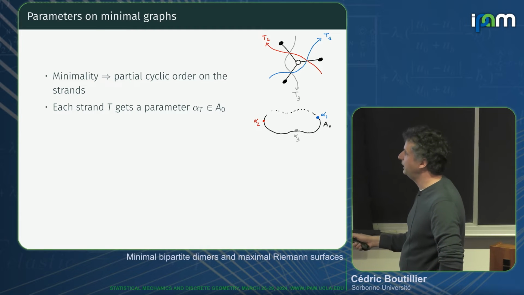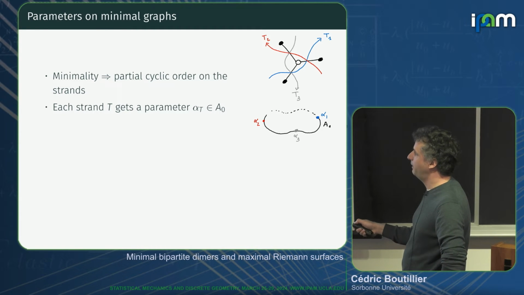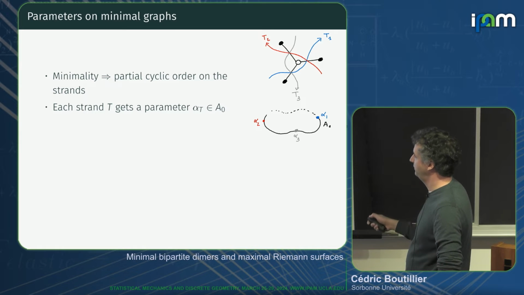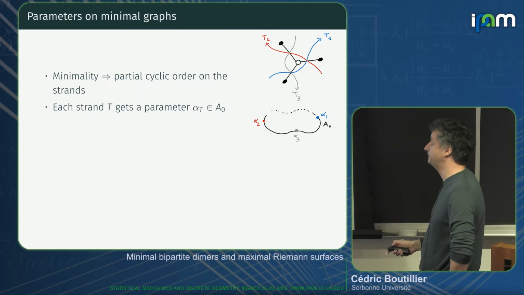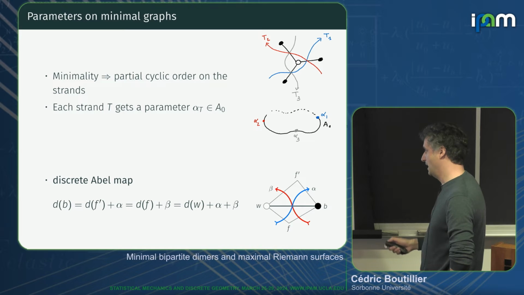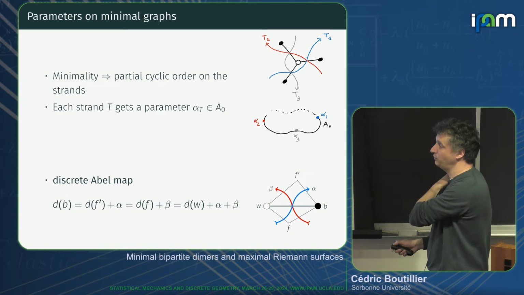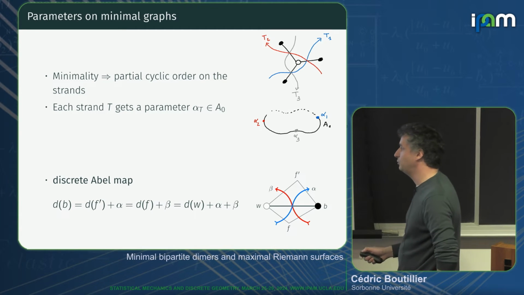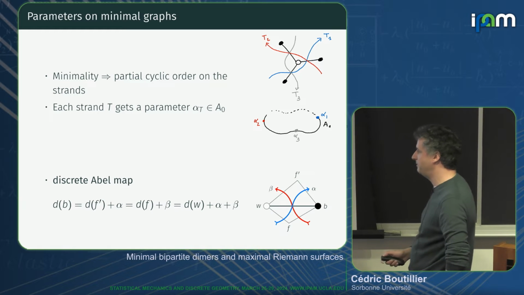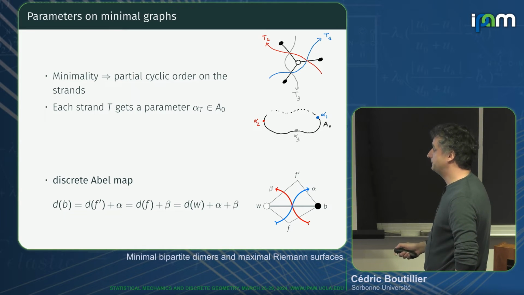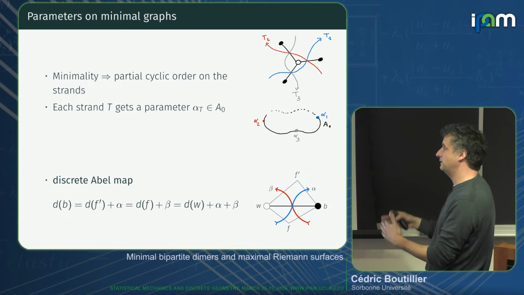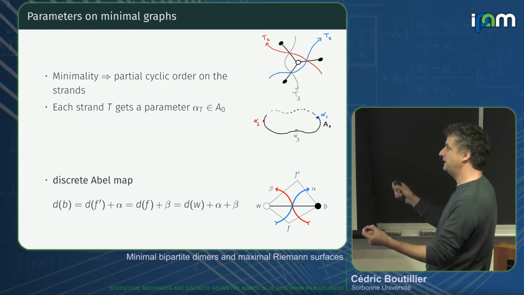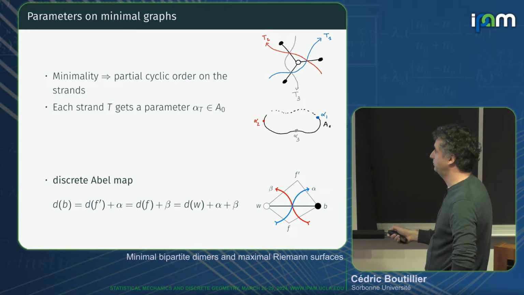For every train track T, I assign a parameter alpha T, which lives on this cycle A0. And I will need another object which was not present in the critical case, which is this discrete Abel map. You can look at it as a formal combination of points that will live in this particular case in A0 by doing the following.